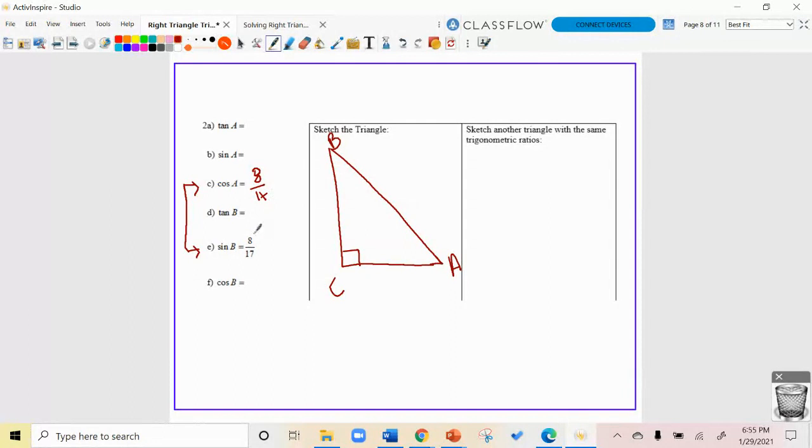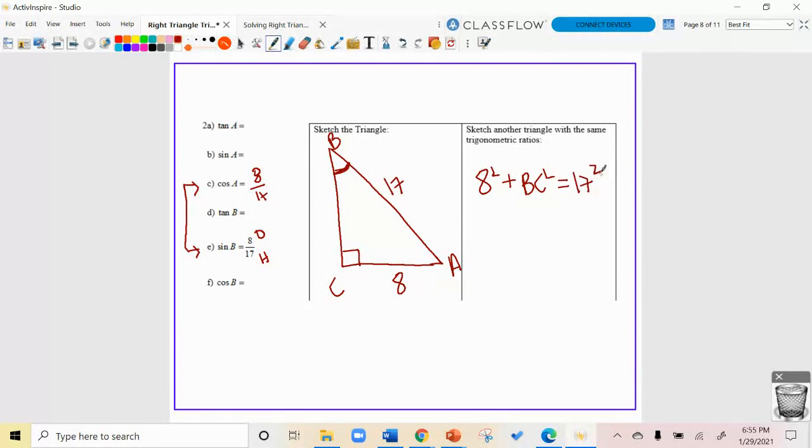Okay, sorry. This is opposite over hypotenuse. So my reference angle is B. This is where I'm standing right now. Opposite 8, hypotenuse 17 across the 90-degree angle. So let's do the Pythagorean theorem. 8 squared plus BC squared. Don't just plow through it. Pay attention to what you're missing.